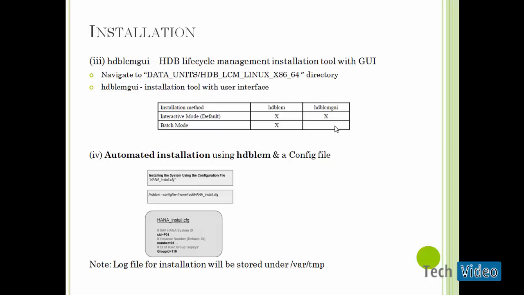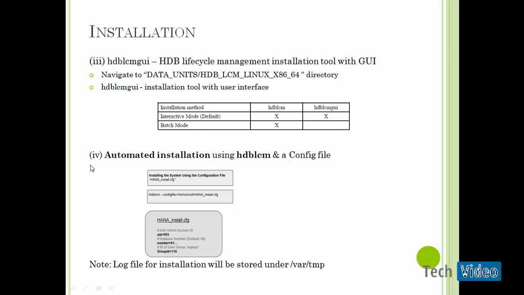So we don't have to monitor the installation in that case. That means we don't have to interact with the installation. The installation runs on its own using the configuration file as an input file and does the installation based on the parameters and the values that we have specified inside the configuration file.